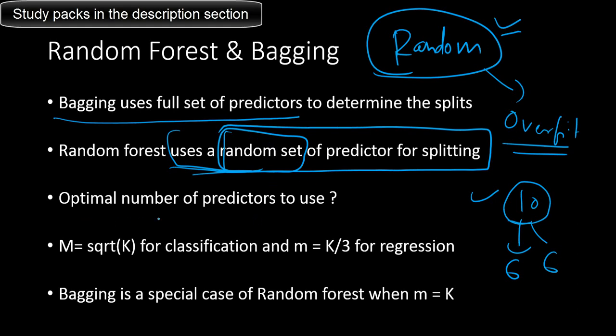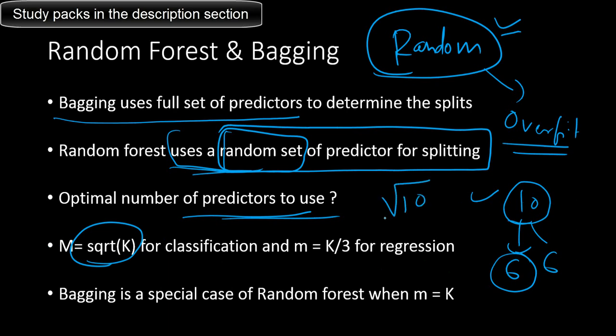So the question: what is the optimal number of predictors to use? How do we know that 6 predictors are to be used from 10? The rule of thumb is that if it is a classification problem, then the number of predictors you should use is the square root of k, where k is the total number of variables. In this case, if it is 10, then you should use root 10, which is equivalent to about 3.